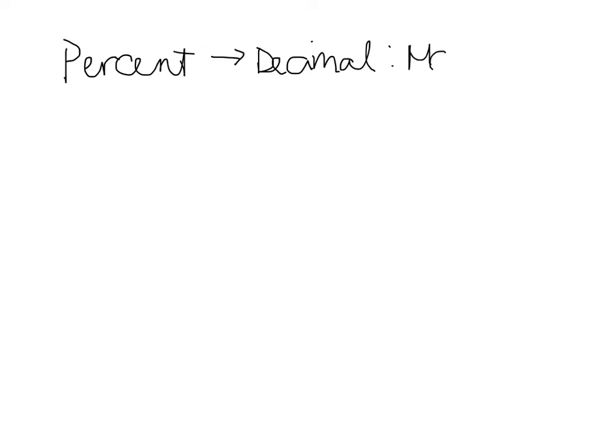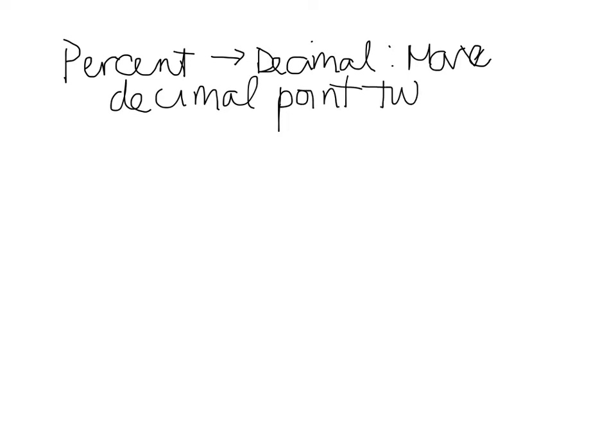To convert from a percent to a decimal, you move the decimal point two places to the left.